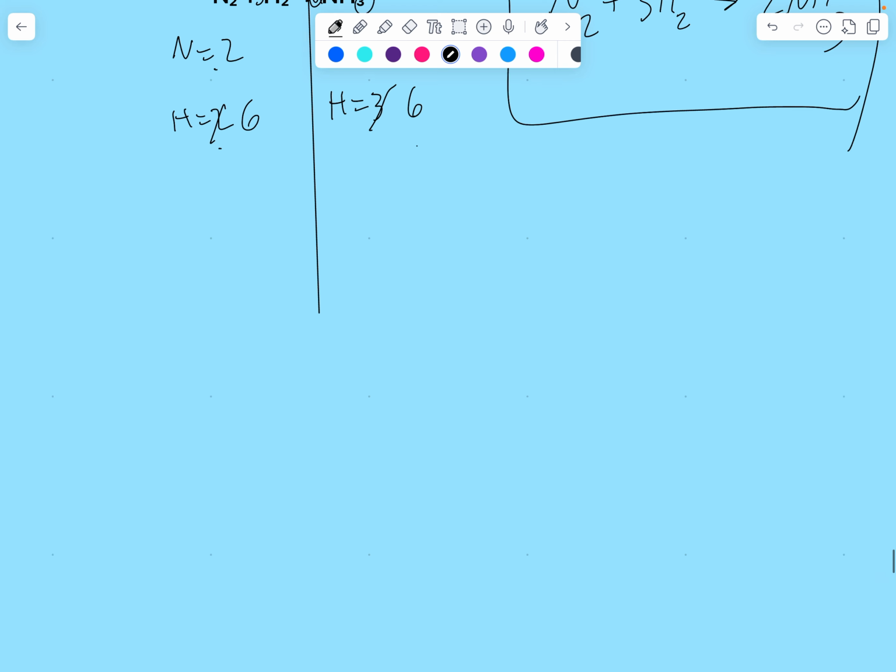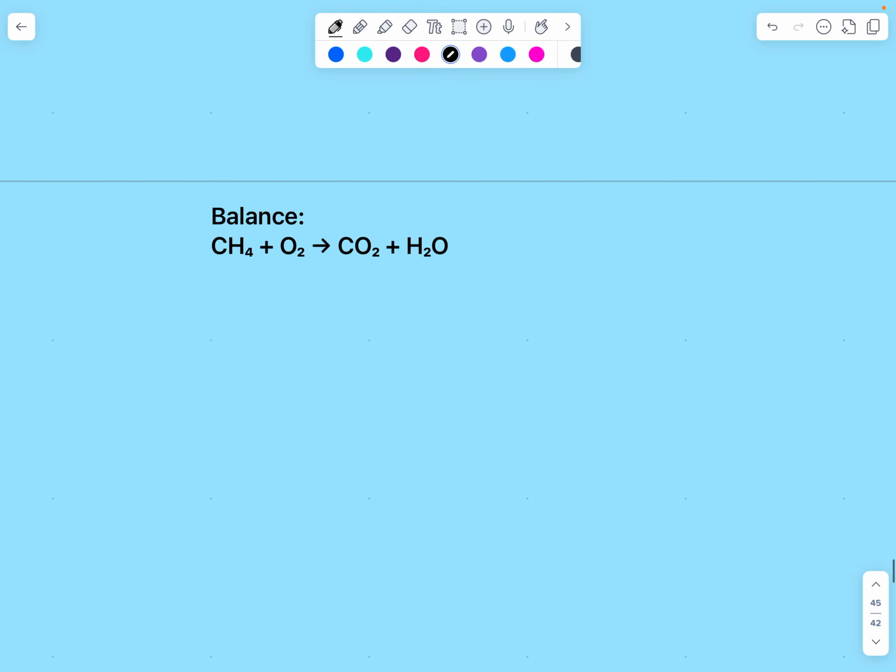That's your answer. Let's try question 3, which is about combustion, which I'll teach you guys in a video later. So let's look. I'll put the arrow. Carbon on the left is 1. Carbon on the right is 1. Hydrogen on the left is 4.